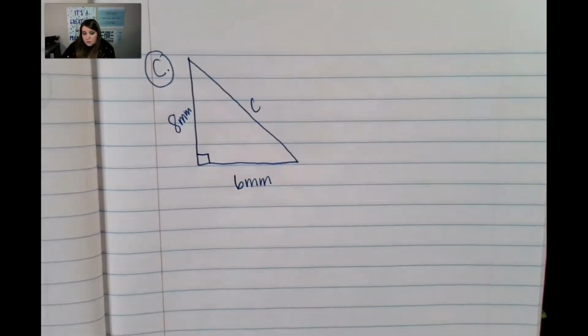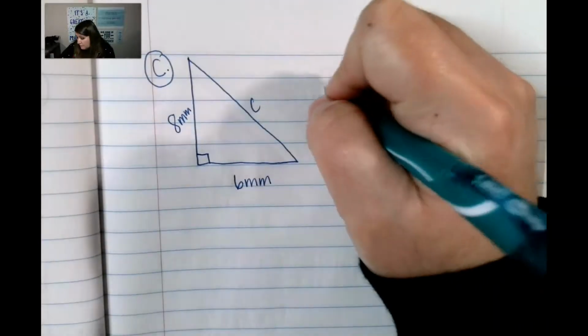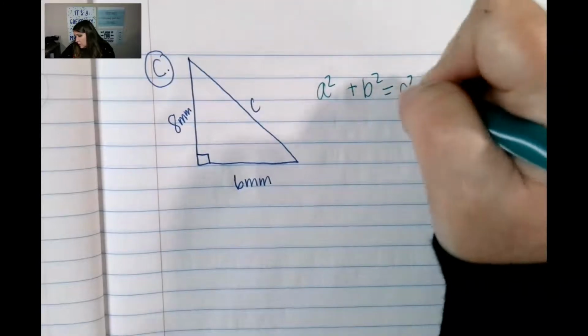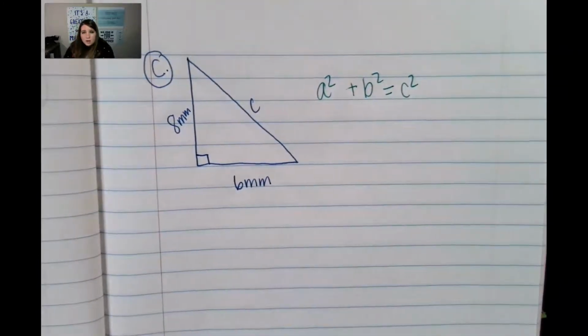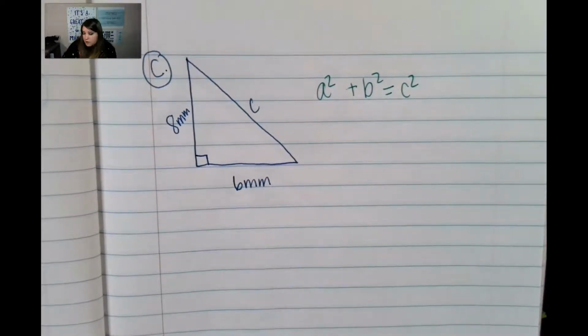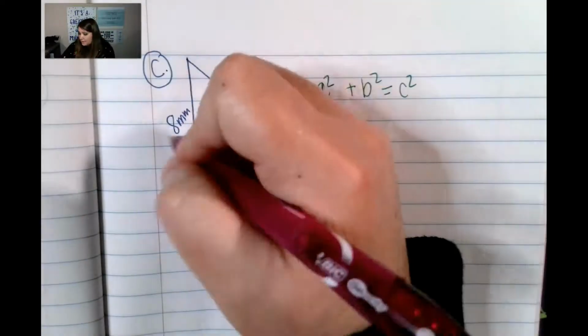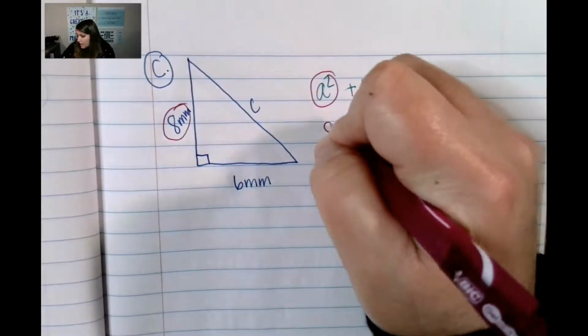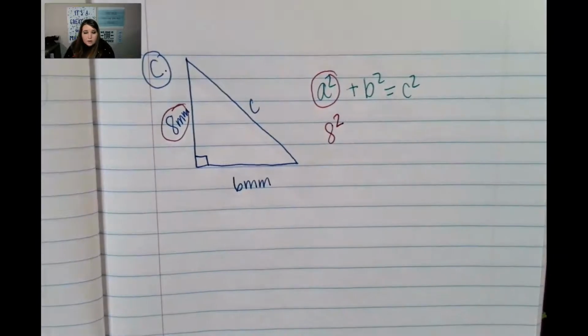So we're going to use the Pythagorean Theorem. A squared plus b squared equals c squared. So our job now is to match them up so that we can solve. So leg A is 8. So where I see the A, I'm just going to put 8 squared.